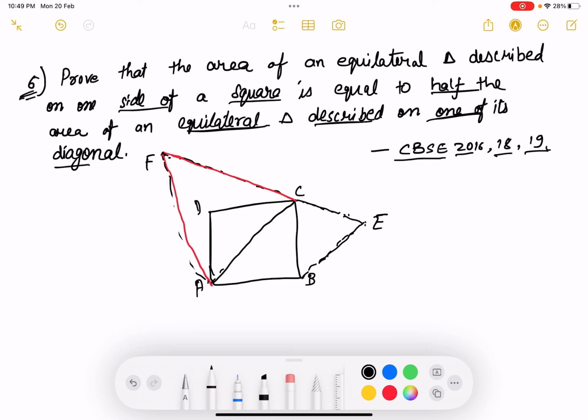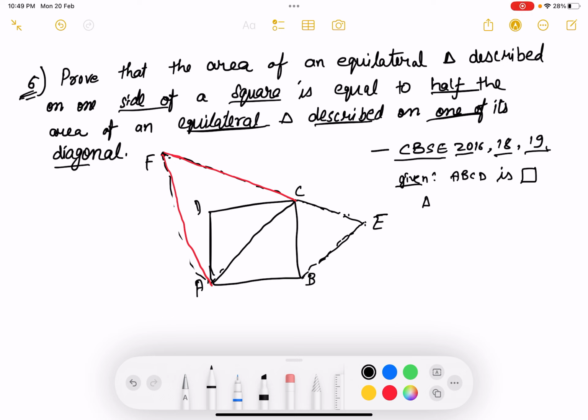Okay, so what we have to prove, so first write what is given. Given is ABCD is a square, and what else is given?